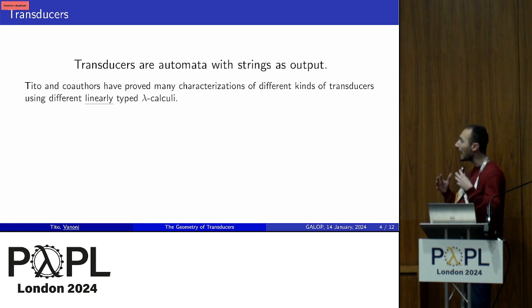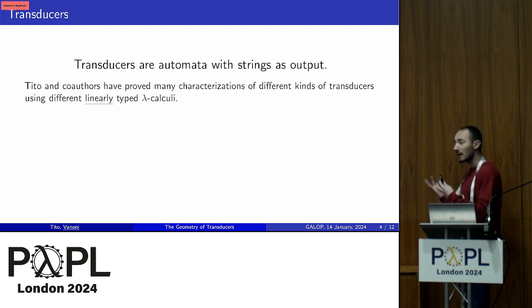So Tito and co-authors have put many characterizations of different kinds of transducers using different kinds of lambda calculi, and in particular of linear lambda calculi. So restricting in a very ingenious way the use of exponentials in the lambda calculus, you can characterize different kinds of transducers.